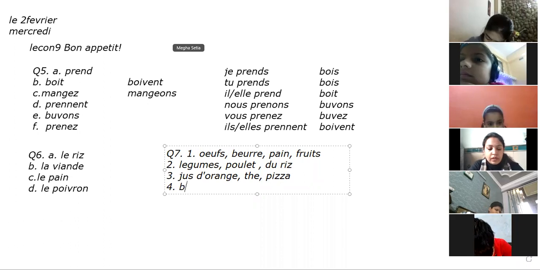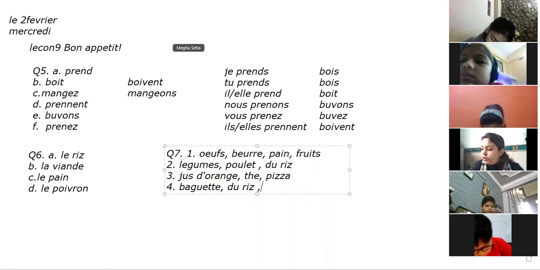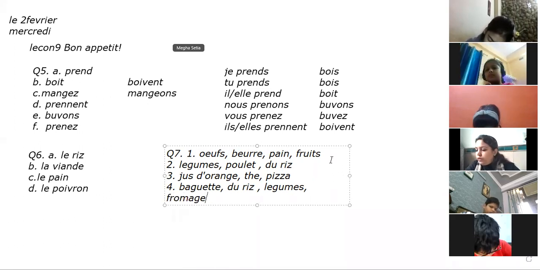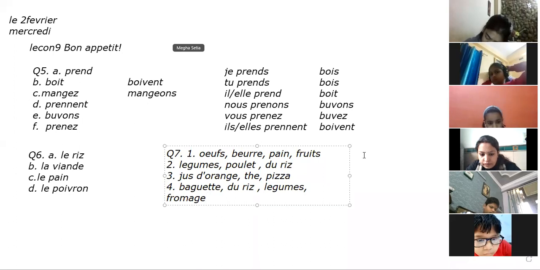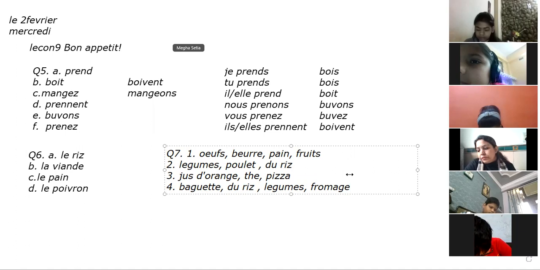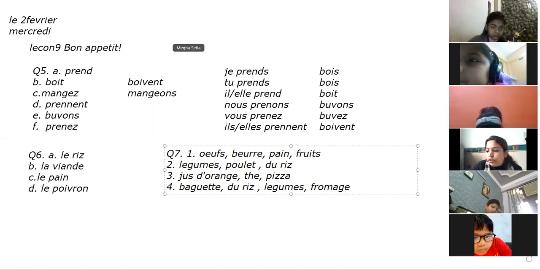Last comes the dinner. In dinner, you can have baguette, a kind of bread. You can also have rice. You can also have légumes in the dinner. You can also have fromage in the dinner. So these all things you can have in the dinner. So this is all about your chapter number 9.